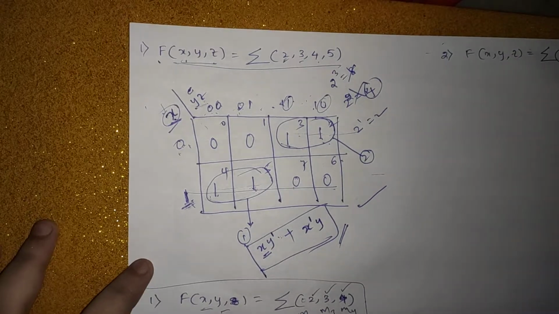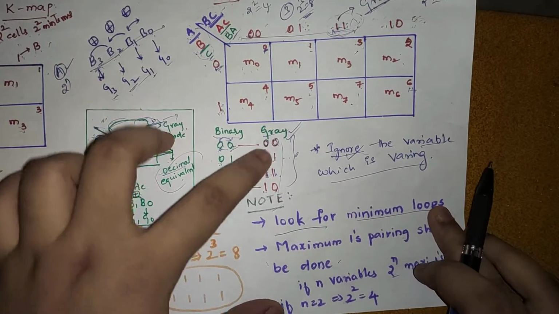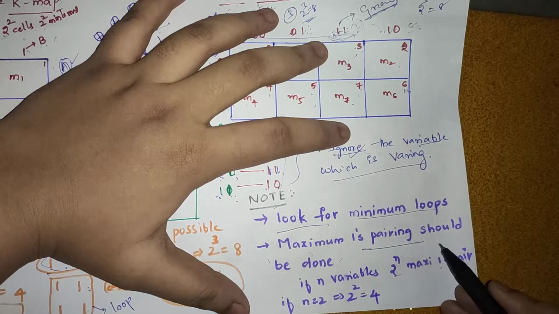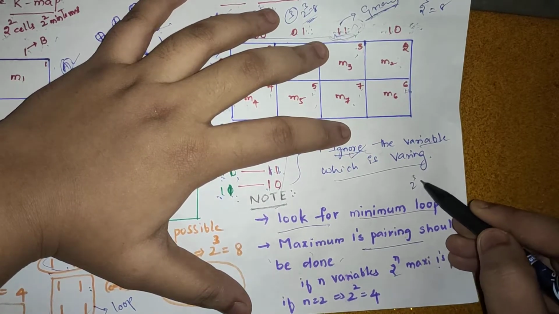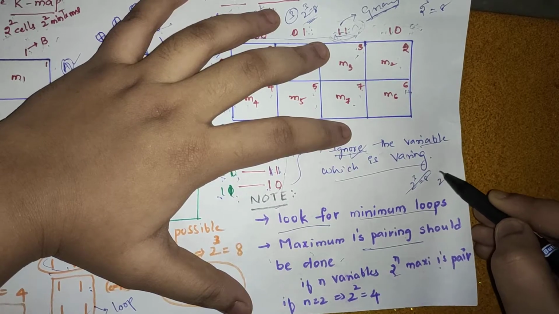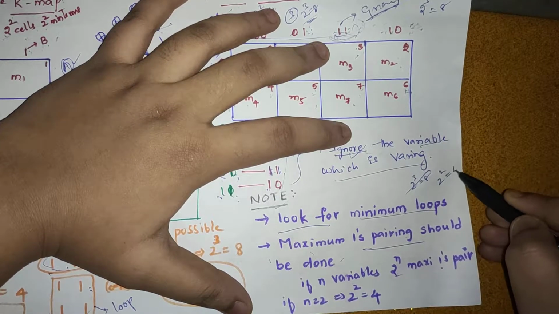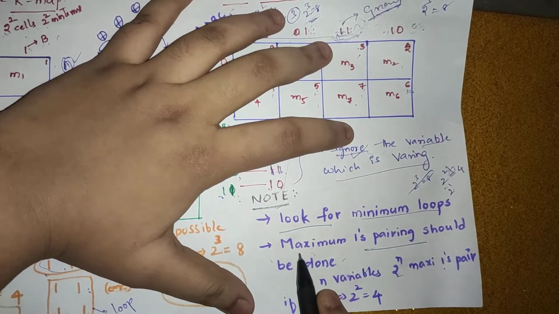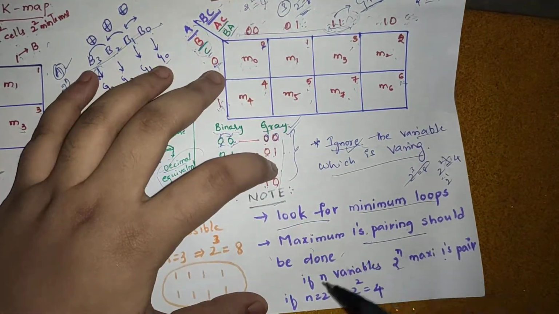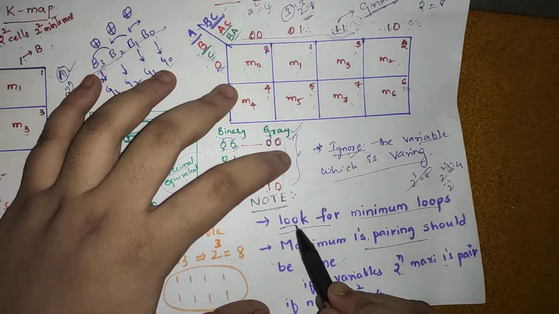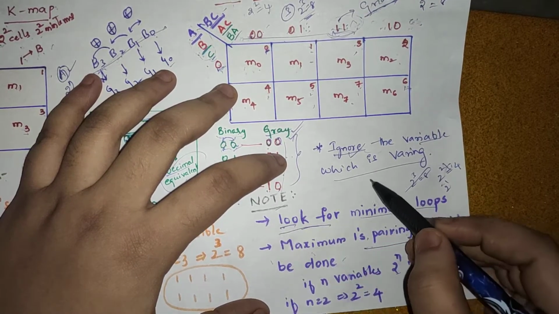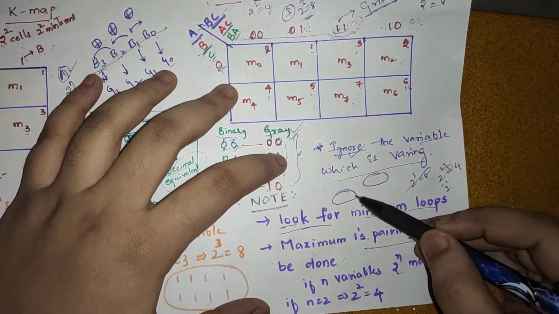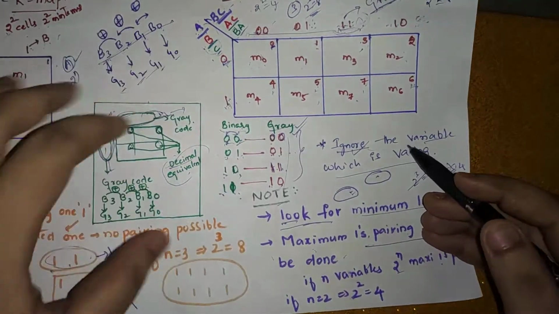Okay. So coming to the note points, we need to look for the maximum pairing. In the previous example we saw the maximum pairing like 2 power 3, it is not possible. Next we went for 2 squared, that is 4, it is not possible. Next we went for this. So first look for the maximum ones pairing. And the next point is look for the minimum loops. As we saw there, one loop and another loop, we formed 2 loops there, no?